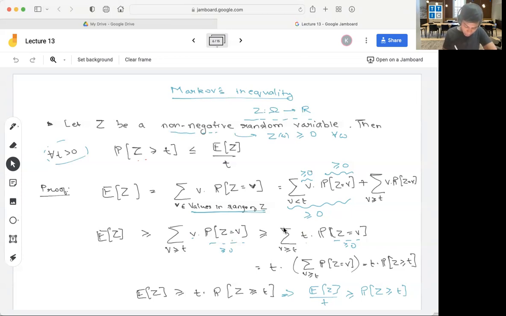So V times the probability that Z is equal to V is greater than or equal to t times the probability that Z is equal to V. Because I've just multiplied both sides of this inequality by a non-negative number. I know that V is greater than or equal to t. The summation is only over V greater than or equal to t.